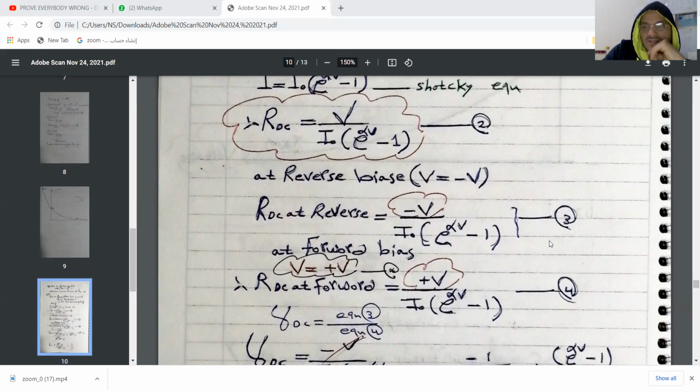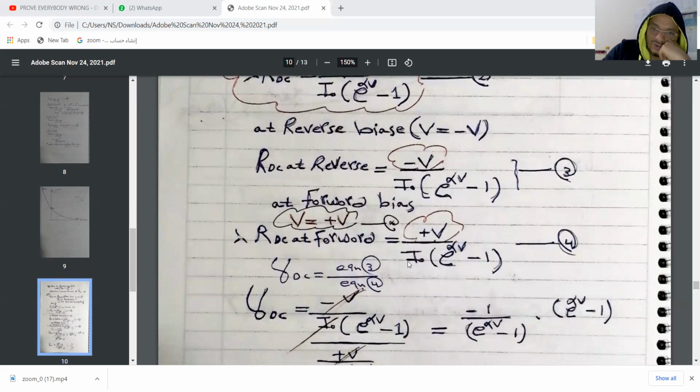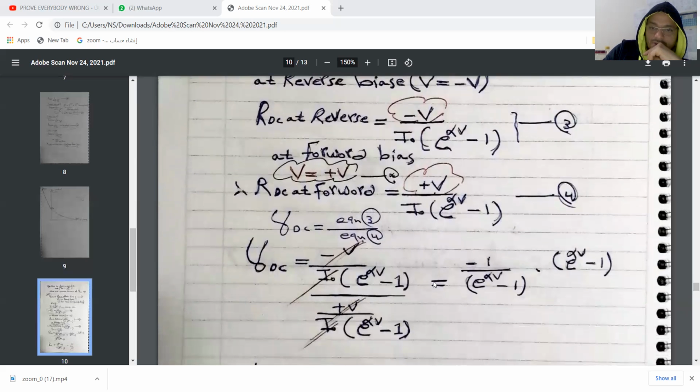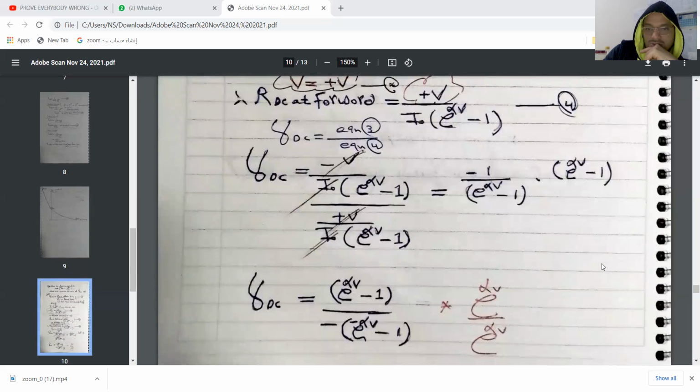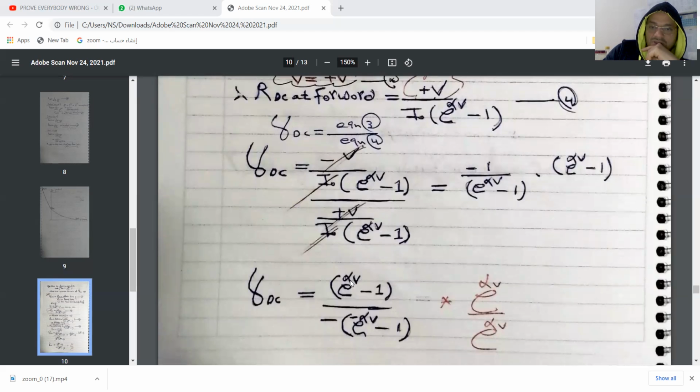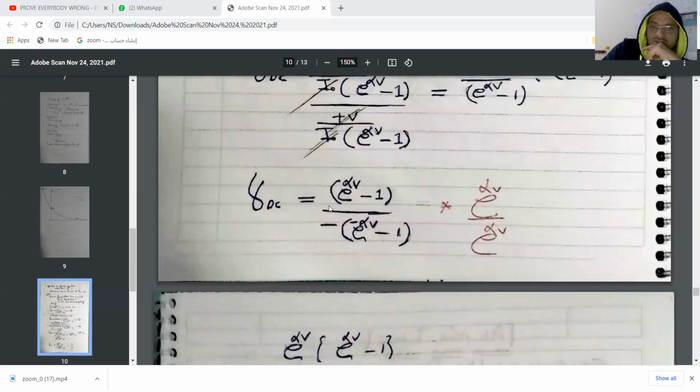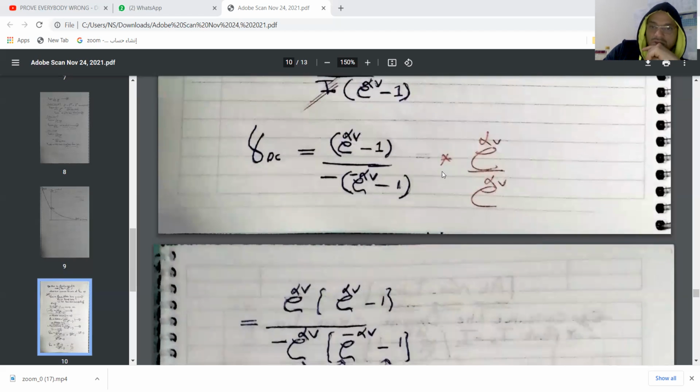At forward bias it equals a positive amount over saturation current times exponential alpha V minus 1. Let's calculate 3 over 4 to be like that. Minus 1 divided by exponential alpha V minus 1, times exponential alpha V minus 1 over minus exponential minus alpha V minus 1.